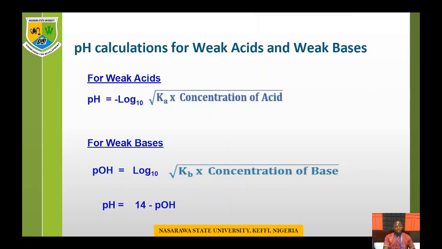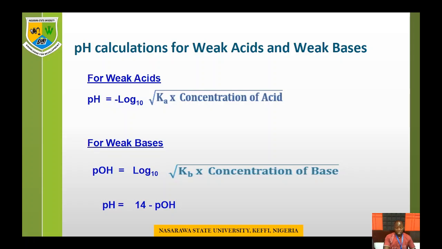So going further, we are going to be looking at the pH calculations for weak acids and weak bases. Remember, the one we just finished looking at was the pH calculation for a strong acid and base. This time around is that of a weak acid and base. For a weak acid, pH equals the negative log to base 10 of the square root of Ka times the concentration of the acid.